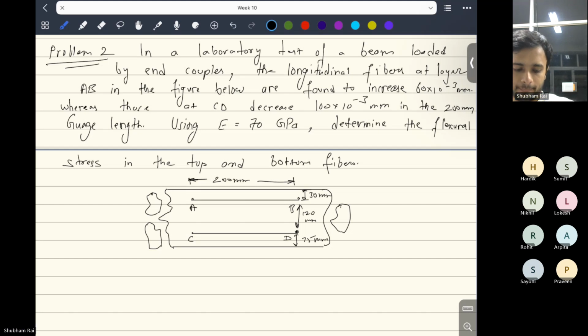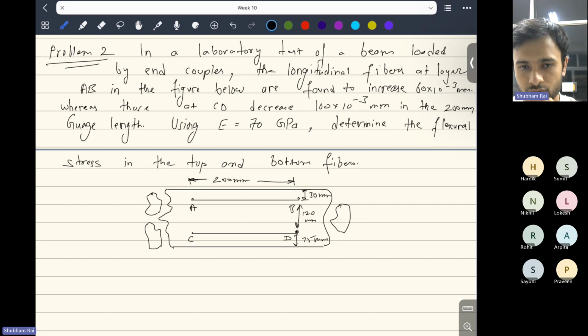So we can assume that the neutral axis is at distance x from fiber AB, has a vertical distance x from fiber AB, and correspondingly we can define all other distances. From there we can proceed.